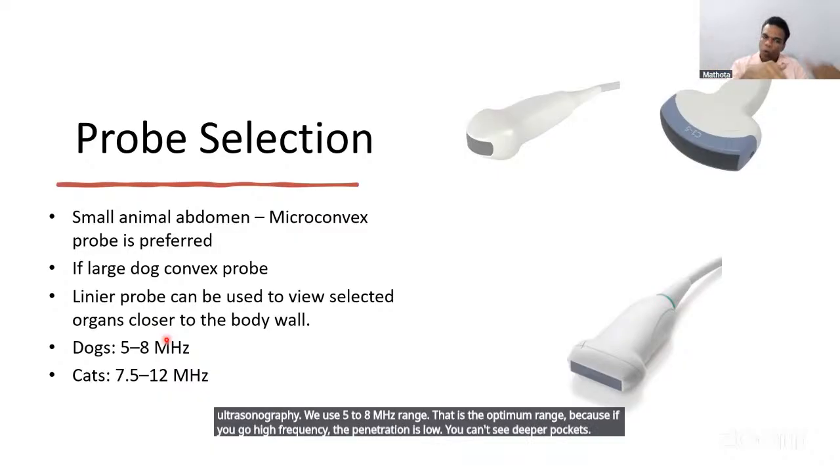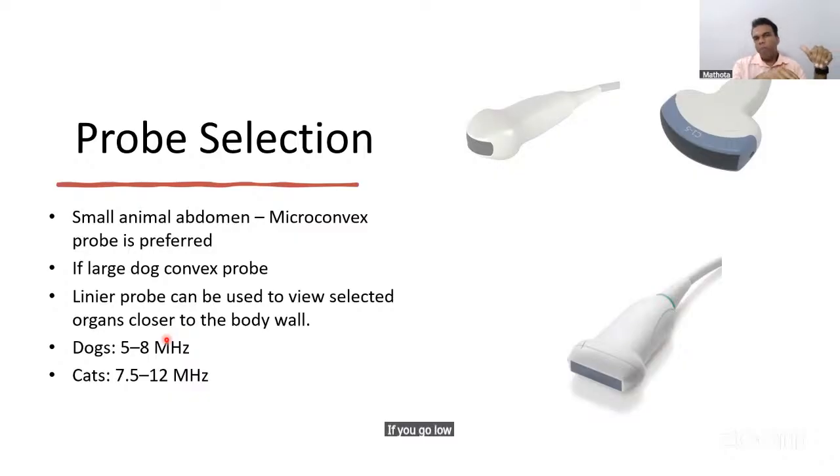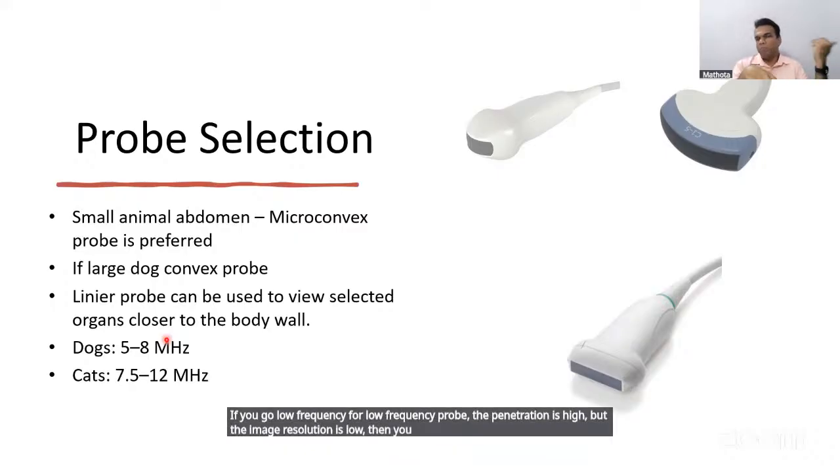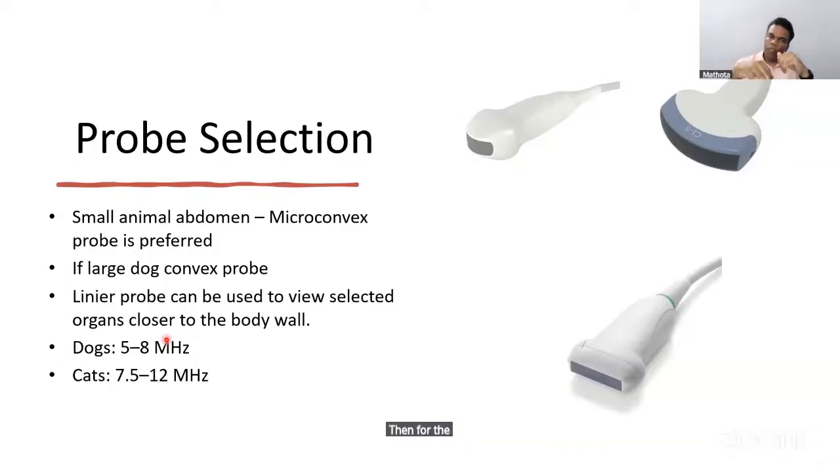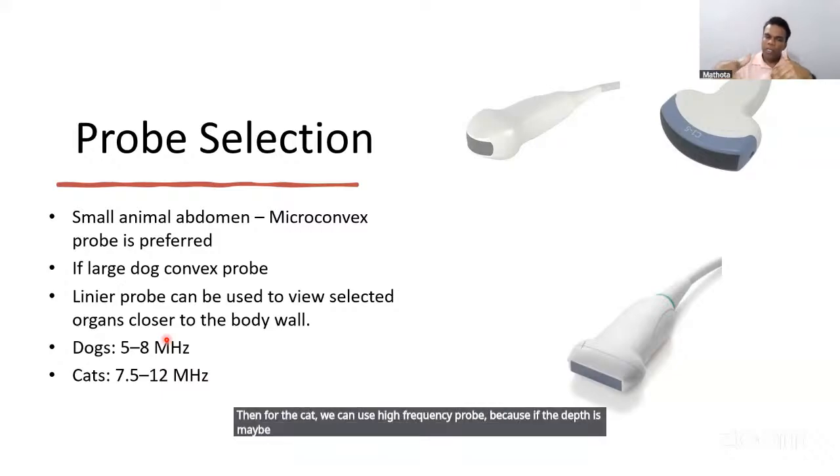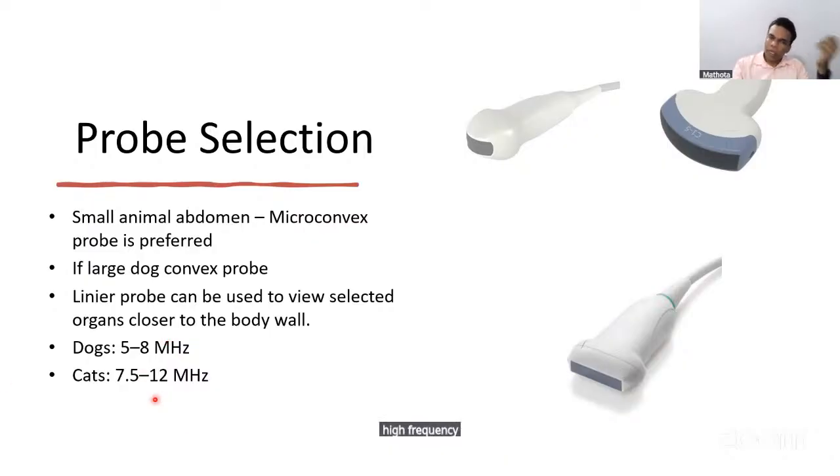If you go to a low frequency probe, the penetration is high, but the image resolution is low, so you can't recognize some abnormalities. For the cat, we can use a high frequency probe because the depth is maybe about 5 to 6 centimeters maximum, so you can get clear images.